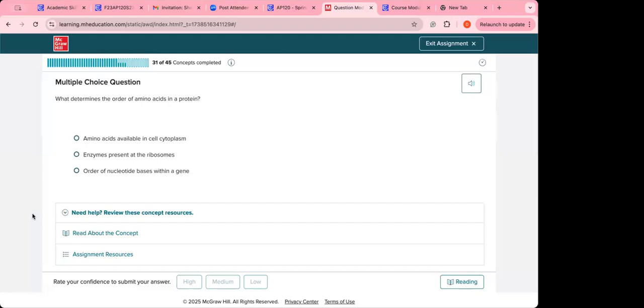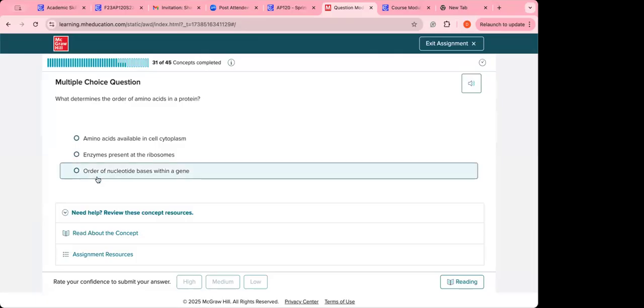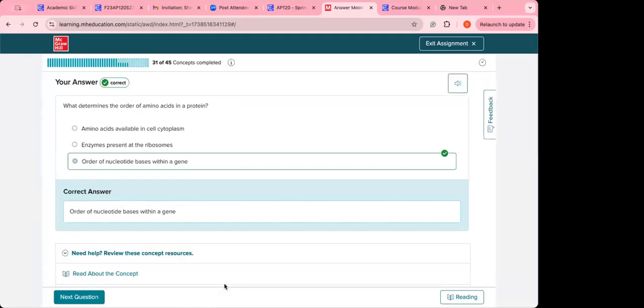I would say it's the order of the bases within a gene, because, yeah, I think that's probably the best that I can think of. Because the bases are going to tell you what the complementary bases are. Try that, see if it's correct or not.